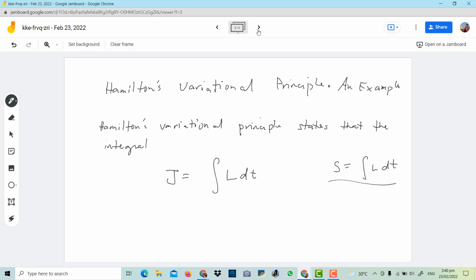Here, J is equal to the integral of L dt, where t is time, running from t1 to t2, and this L is a very important term in Lagrangian mechanics. L is called the Lagrangian.